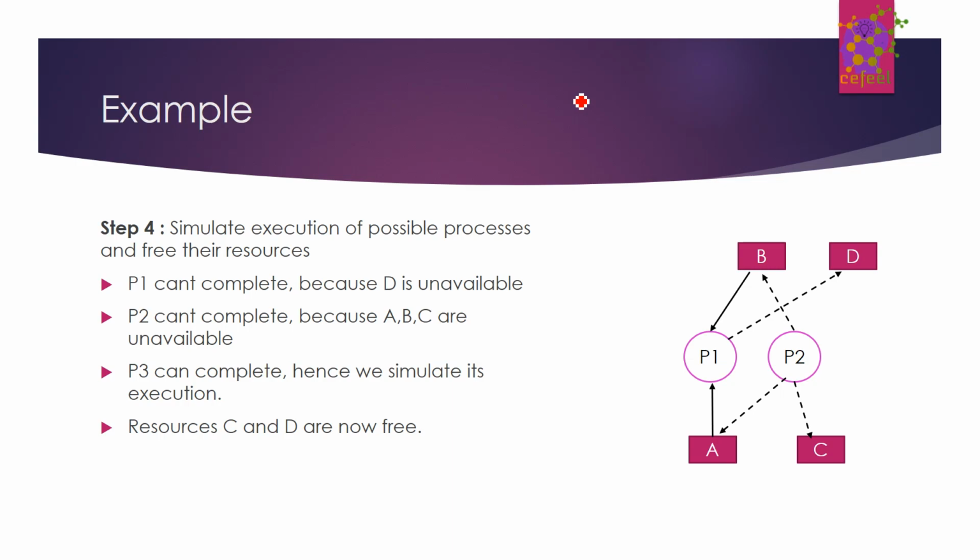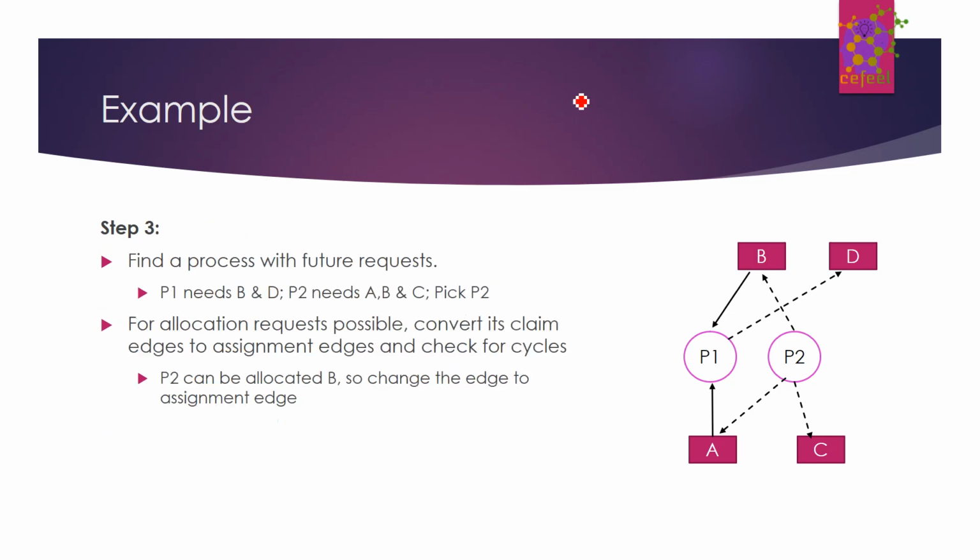And since these resources were free, we have to go back to step 3 again and then analyze through each of the requests of the remaining process to see if we can fulfill somebody's request. So let's do that. Let's go back to step 3 again. If you notice, our graph has condensed a bit because P3 has been removed now, because P3 has got completed.